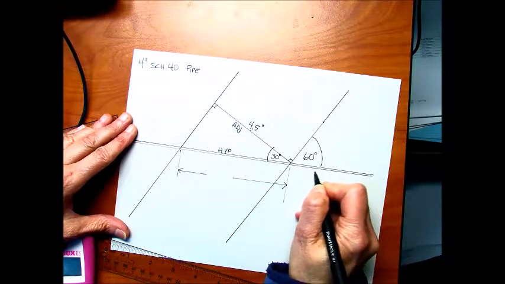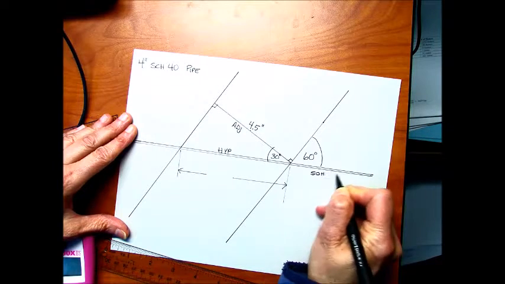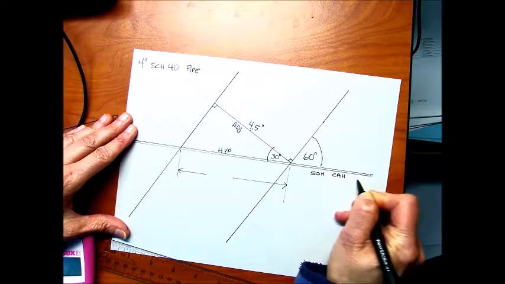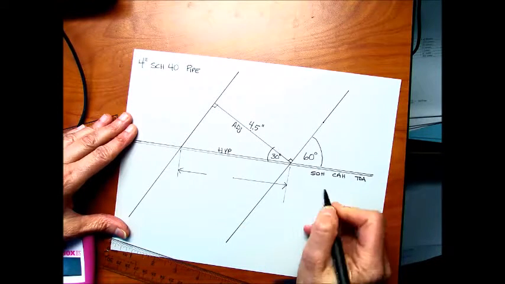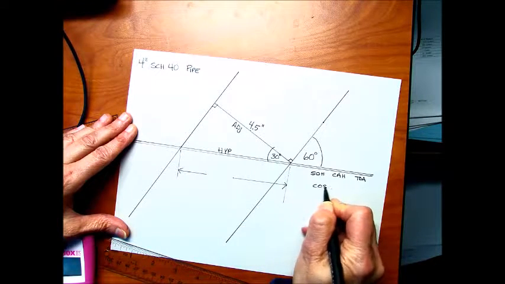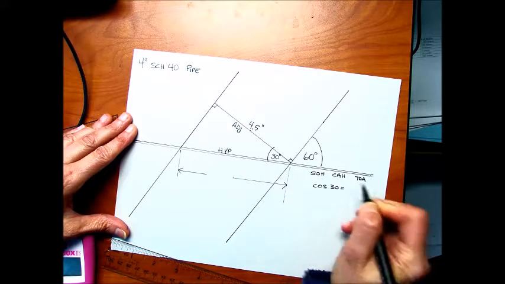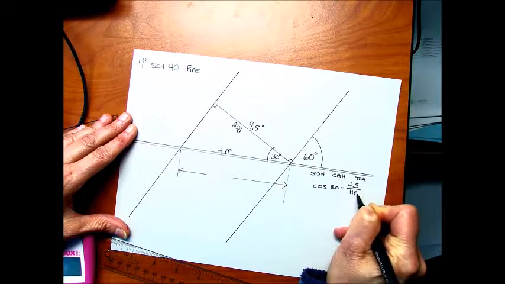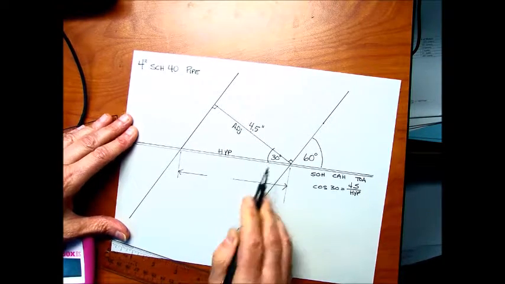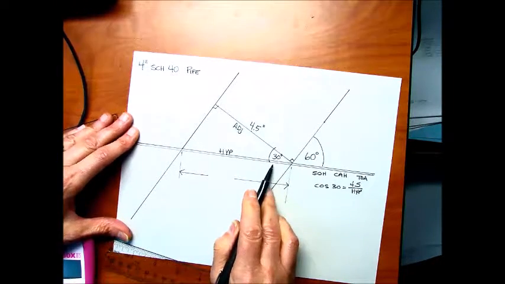And so if I write my formulas, SOHCAHTOA, I'm going to pick cosine. Cosine 30 equals adjacent, or 4.5, over hypotenuse. Now I guess you could use the 30-60-90 property.